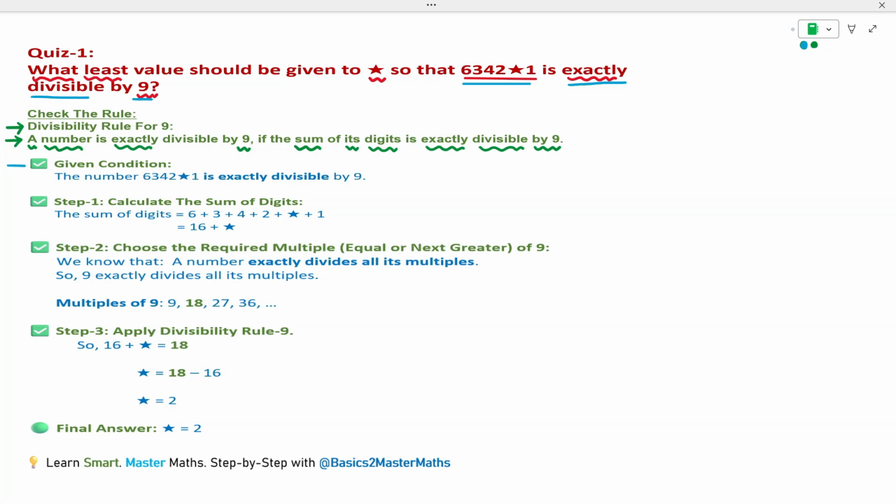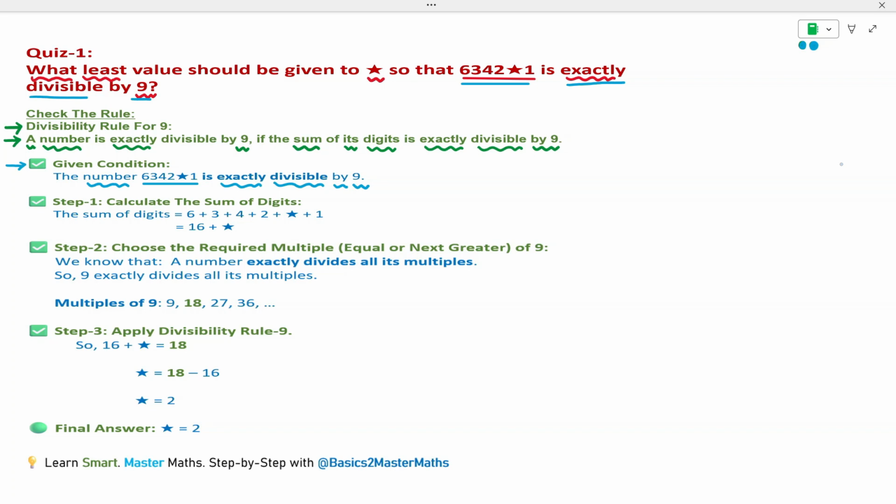So, the given condition is the number 6342 star 1 is exactly divisible by 9.